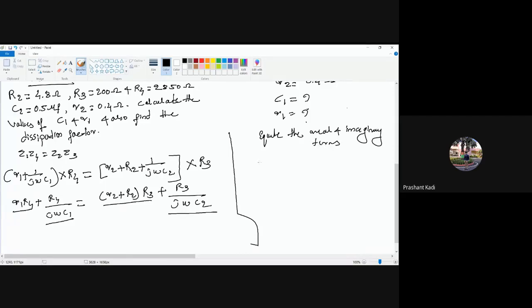So what will we get? Real term: R1 R4 equals small r2 plus capital R2 into R3. So R1 equals small r2 plus capital R2 into R3 divided by R4.